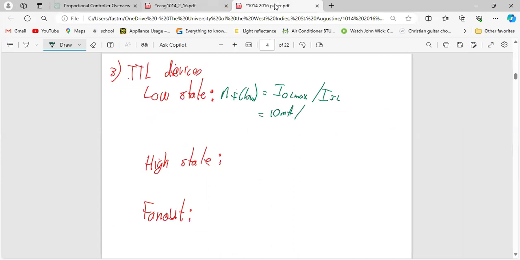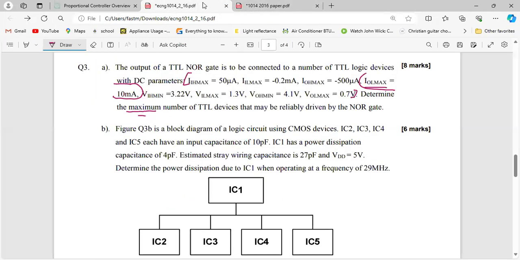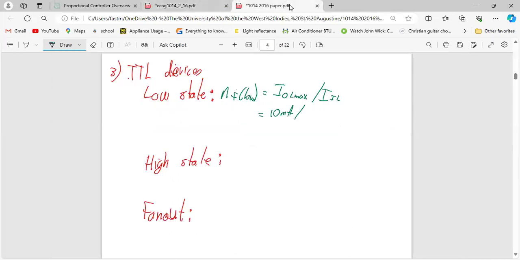And we have I input low, which is 0.2. Yeah, it needs the max. So that is the equation.